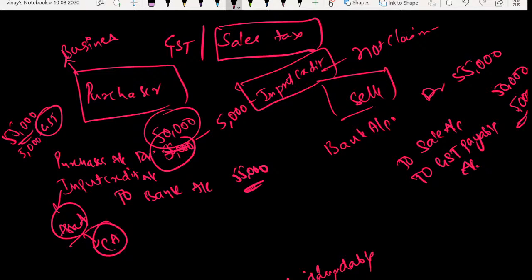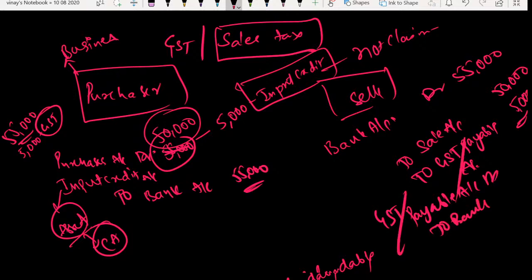So when I was booking the sale value, it will not include my GST, because that money does not belong to me. That is not my income. That's the income of the government. How can I say that is an income of mine? So I will keep it in a separate account called GST payable. As soon as I make the payment, I will pass an entry GST payable account debit to bank account. So one on the debit side and one on the credit side will get cancelled automatically.